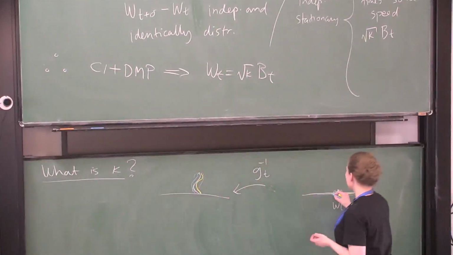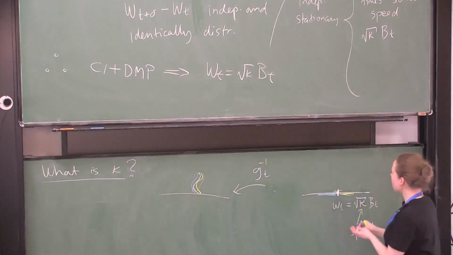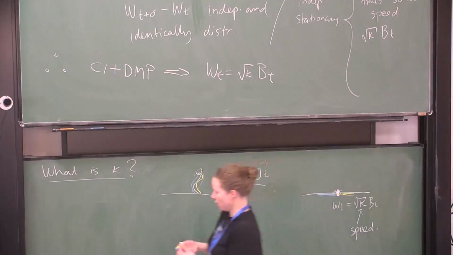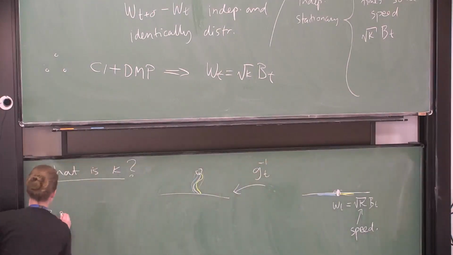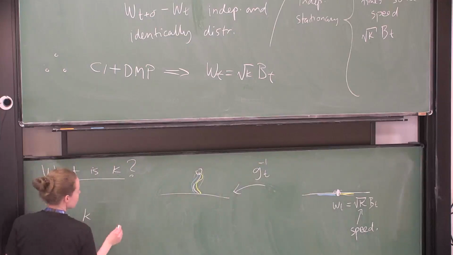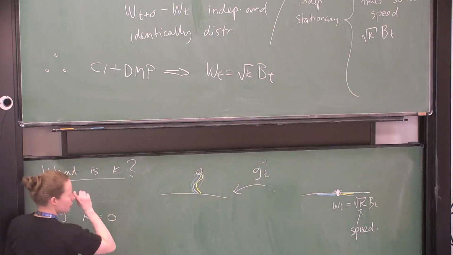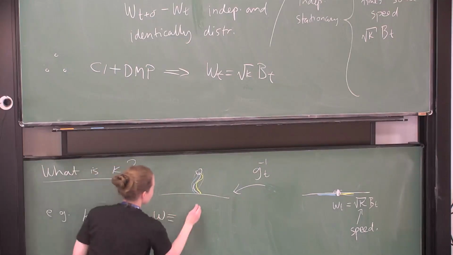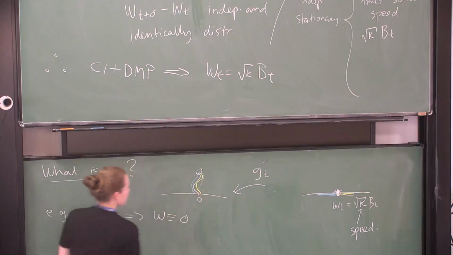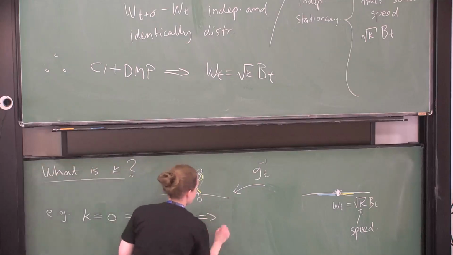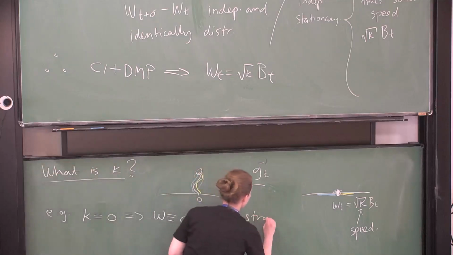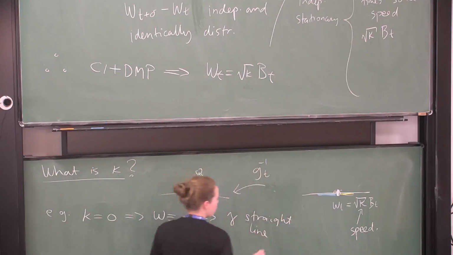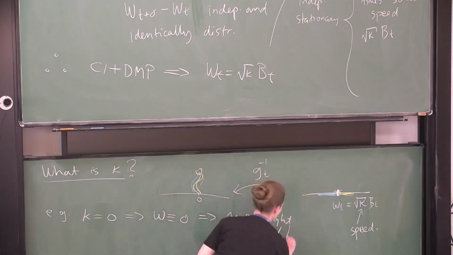So the two sides of the curve are collapsed there, and then there's this point. So you can see that, for instance, if kappa is 0, I kind of excluded it, but it can be there. Then W is just constant, starting from 0, and gamma is a straight line, or if you wish, a hyperbolic geodesic.